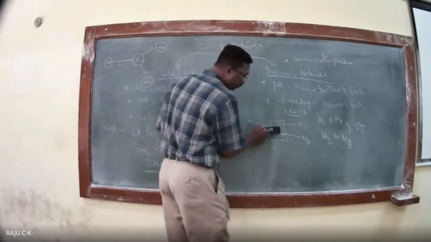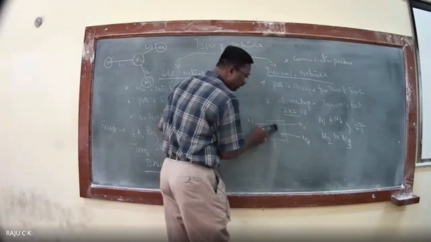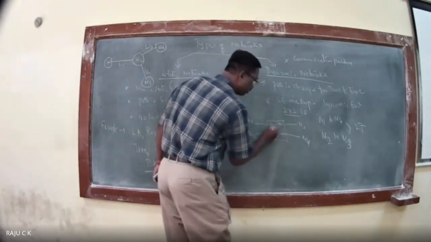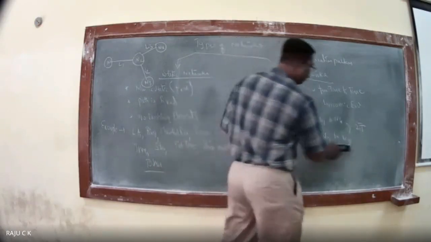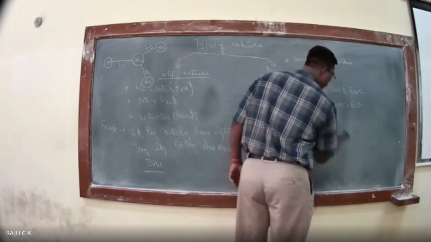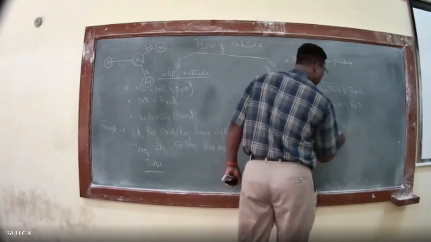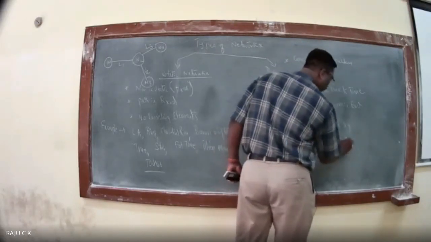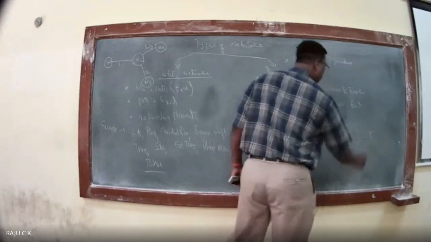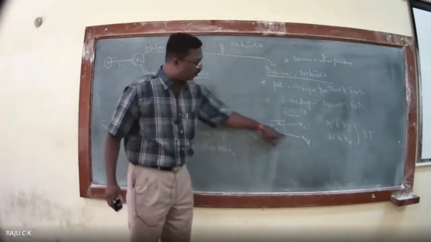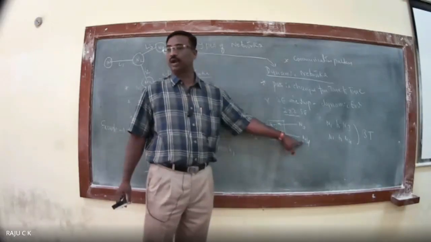Suppose I want to join, in the third time interval, N1 to N3 and N1 to N4. This is called upper broadcasting.